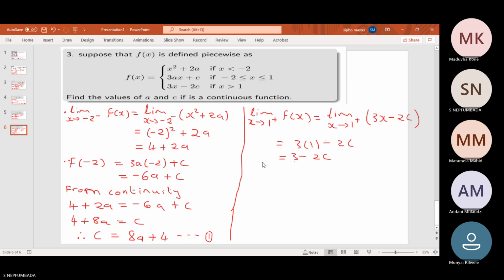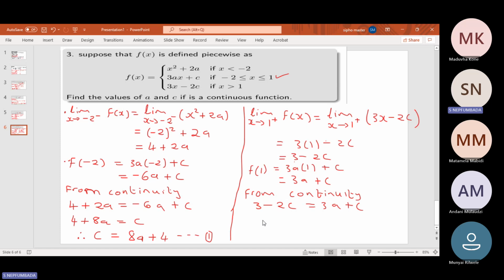And here we've got what? f at 1 is equals to 3a into 1 plus c, which is 3a plus c. So from continuity, we know that 3 minus 2c is equals to 3a plus c.